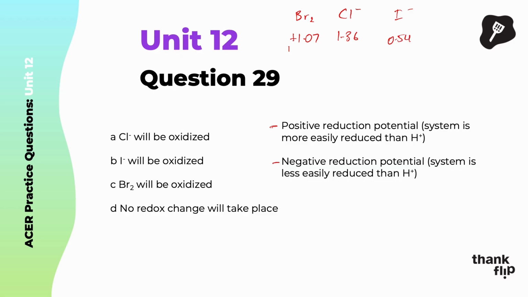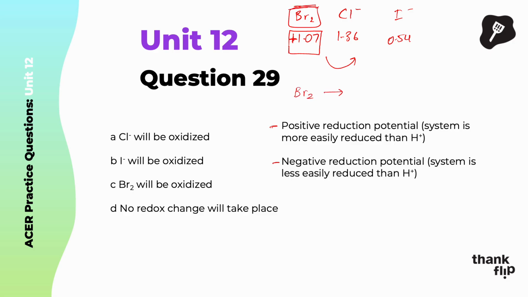And so when you add this to a solution of these ions, this is going to be the one that is reduced because you're starting off with the left-hand side of the equation.